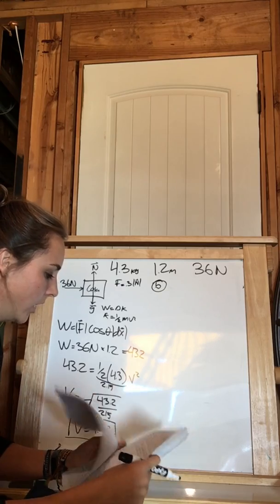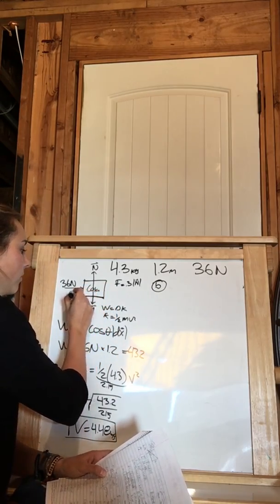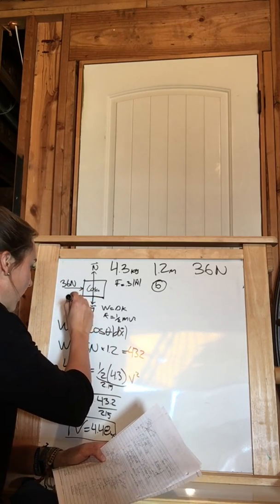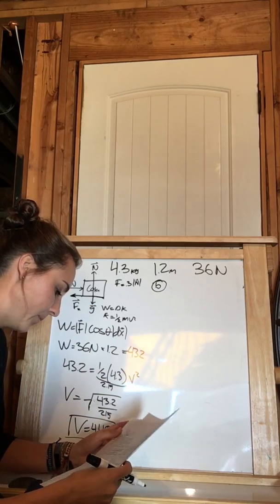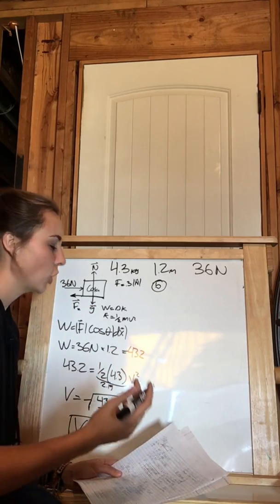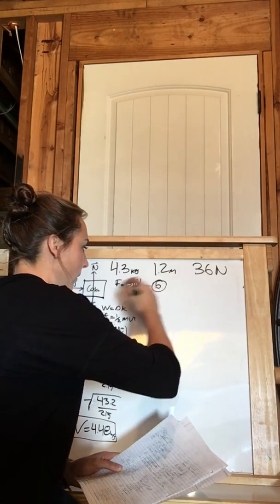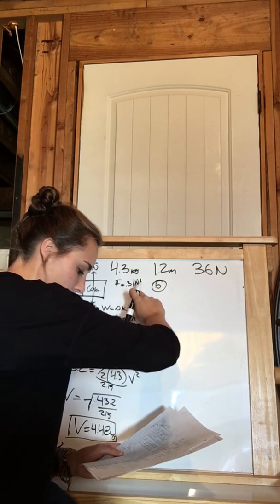I'm just going to use the same diagram, but now we've got friction going this way. This is our friction that we'll solve for. So we've got to start out by finding the force of friction on this one.